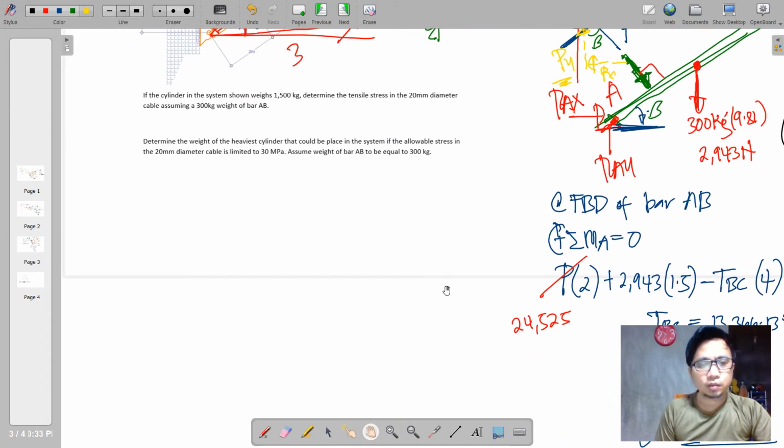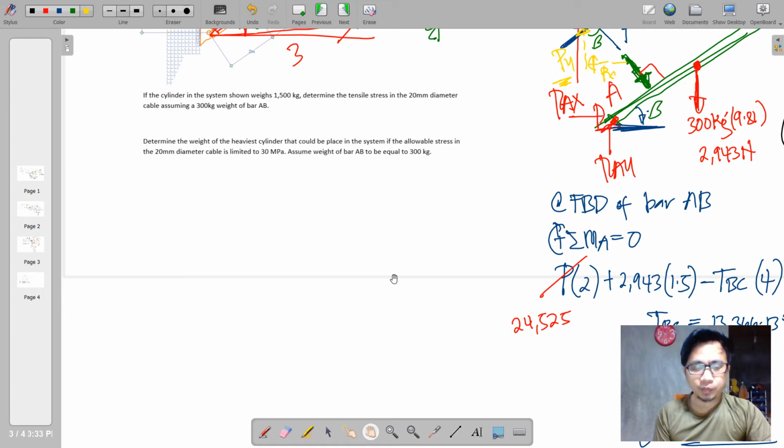So the next unknown is: determine the weight of the heaviest cylinder that could be placed in the system if the allowable stress in the 20 mm diameter cable is limited to 30 megapascals. Assume the weight of the bar is equivalent to 300 kilograms.